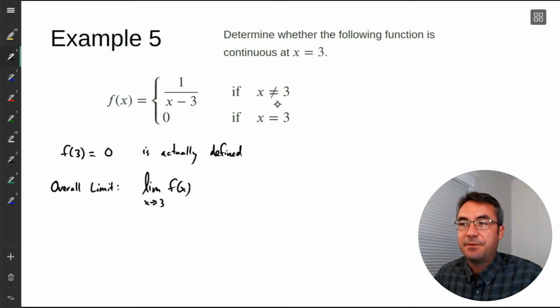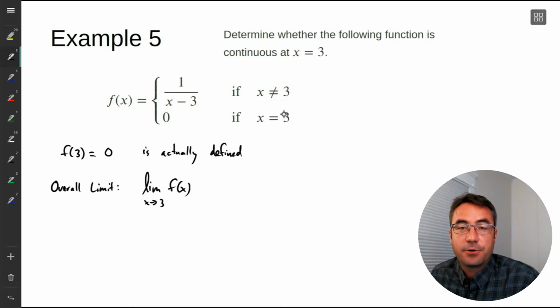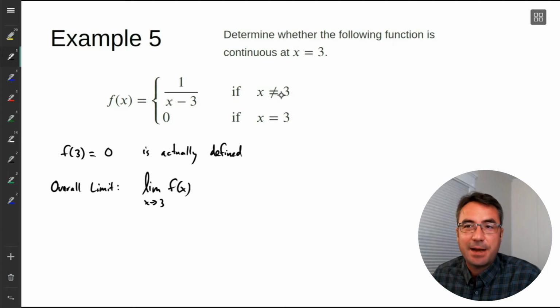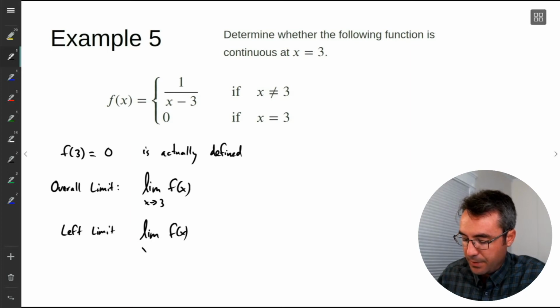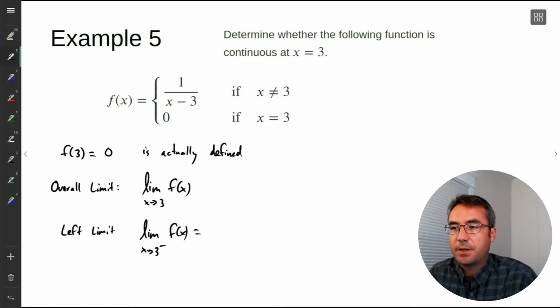And again, we have this kind of break in our behavior directly at x equals 3 here. So this is where the different pieces of our piecewise function happen. To help us deal with that, we want to do the left hand and the right hand limits. So we're going to do our left limit and see what we get here. And then once we do that, we'll do our right hand limit. All right, so let's do our left hand limit.